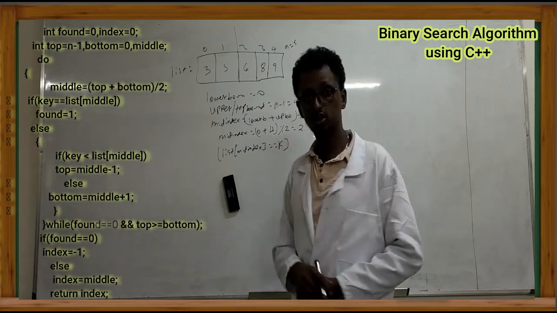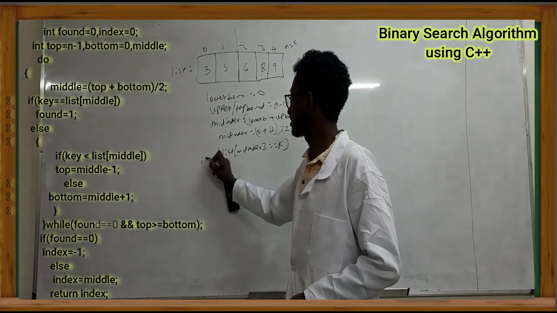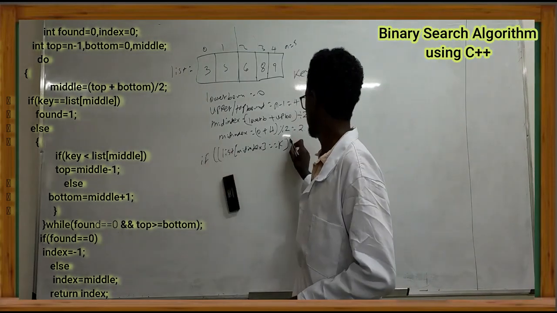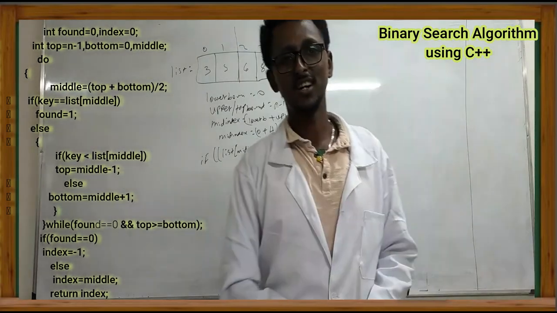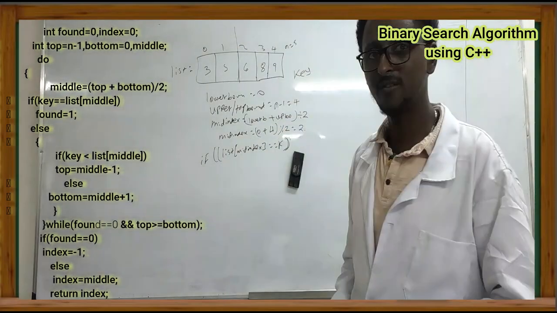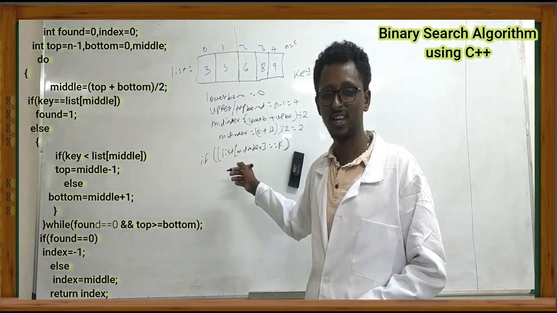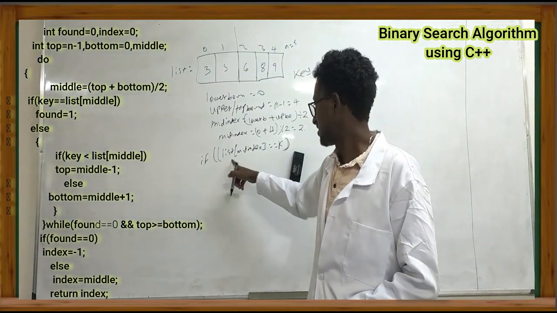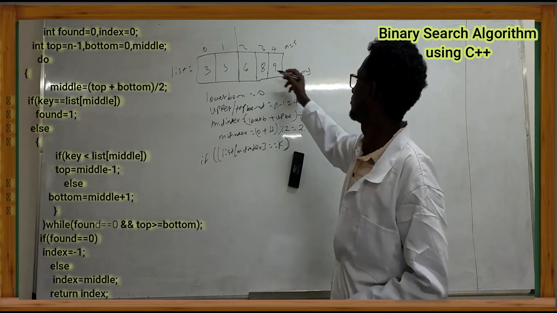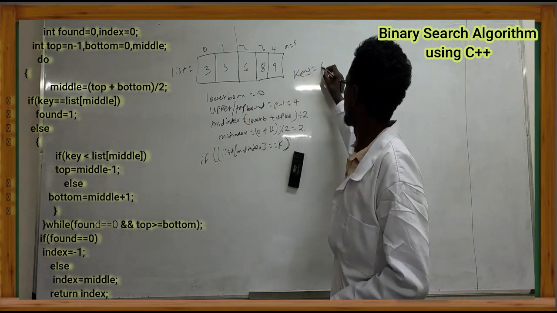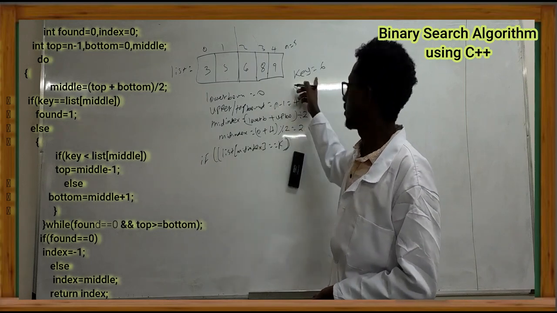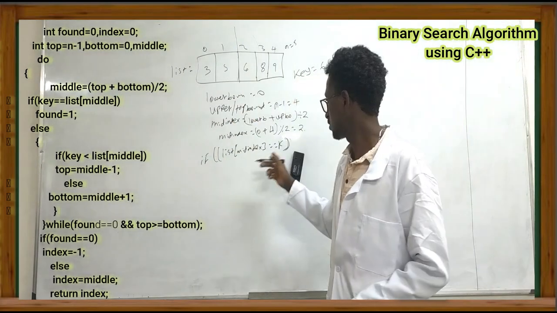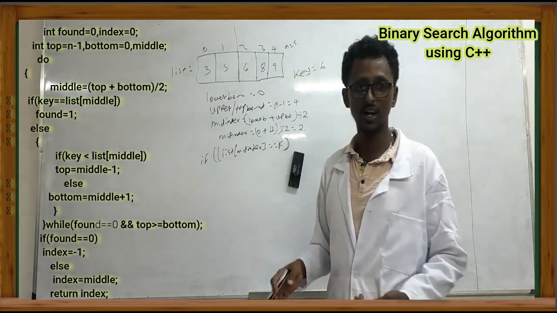If this condition is true, your search is done. Let's assume the key is 6: list of mid is 6, the required target is 6, then 6 is equal to 6, so it is right.